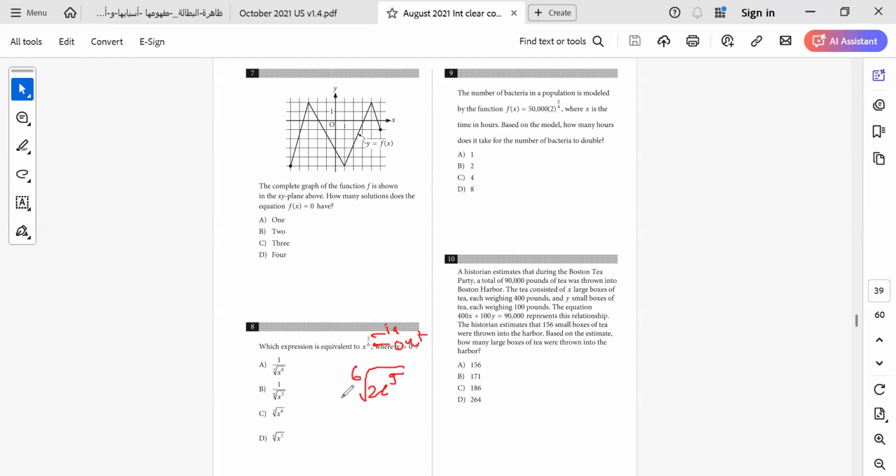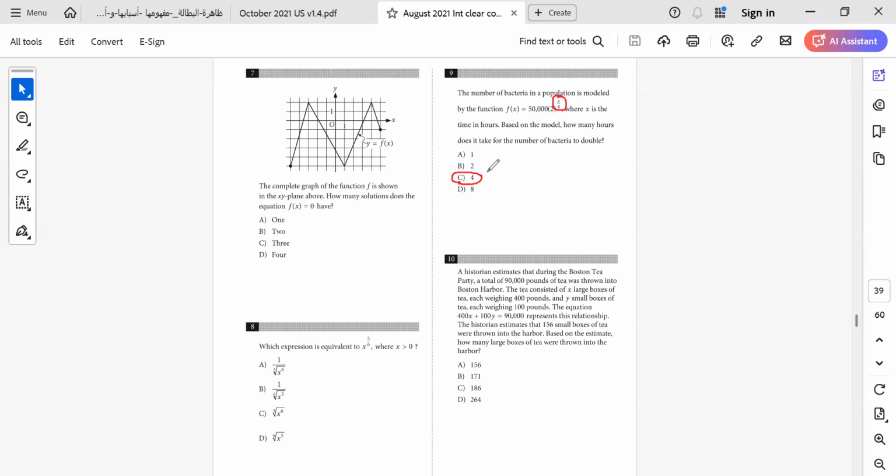Question 8. Okay, Mr. Question 10. Question 9. Okay. In 9, he gives me an exponential function, and he says that based on the model, how many hours does it take the number of bacteria to be doubled? Now, it's doubled every 4 hours because it's divided by 4.